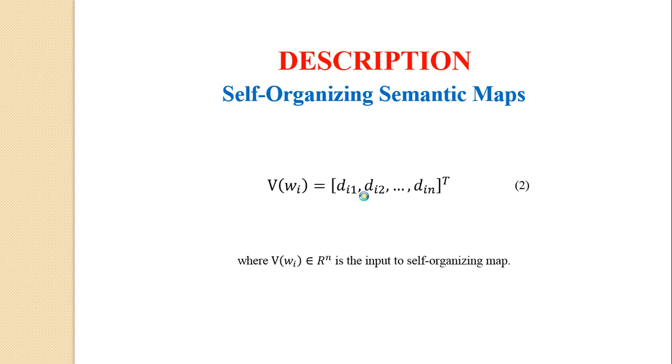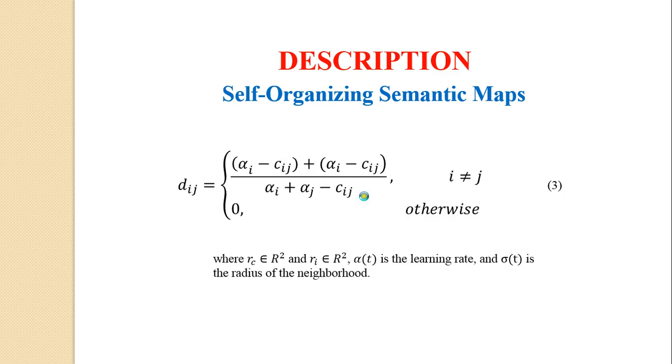Then we can code Wi with the ith row of D as equation 2. And finally, the word similarity Dij can be calculated by equation 3. We should note that the smaller the Dij is, the closer Wi and Wj will be.